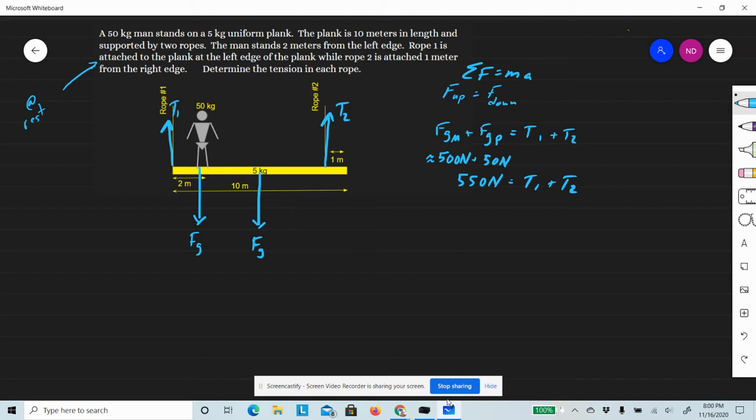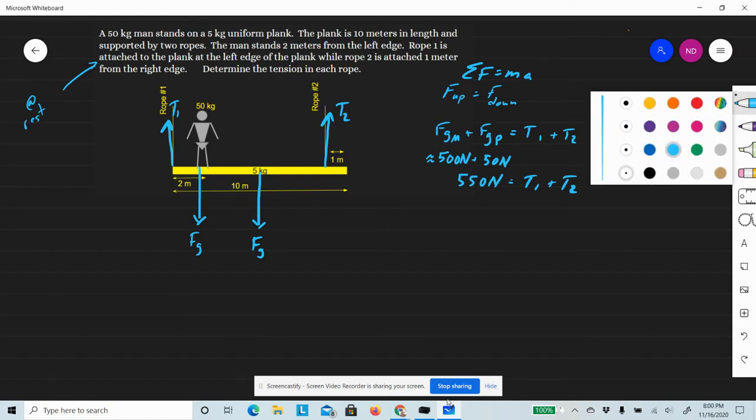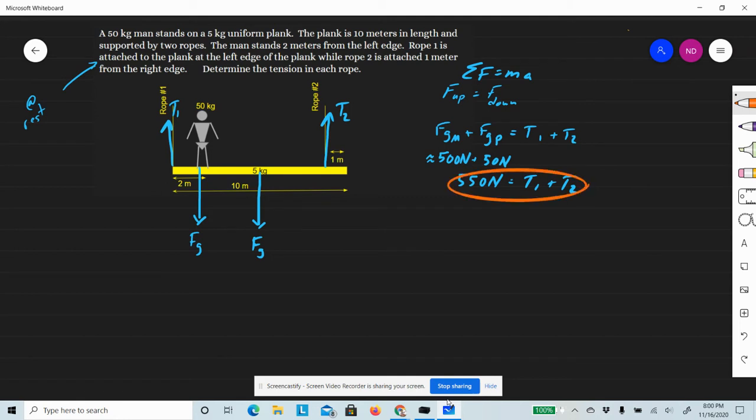So when you do it this way, you end up with one equation, but two unknowns. You're stuck. You can't go anyplace.